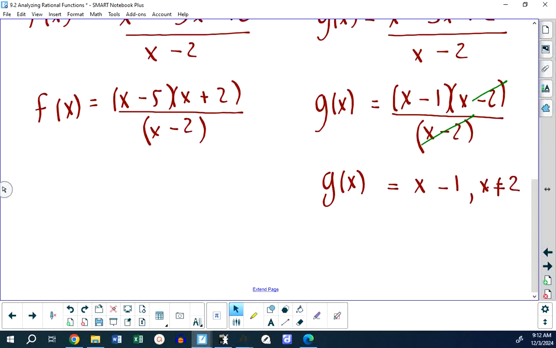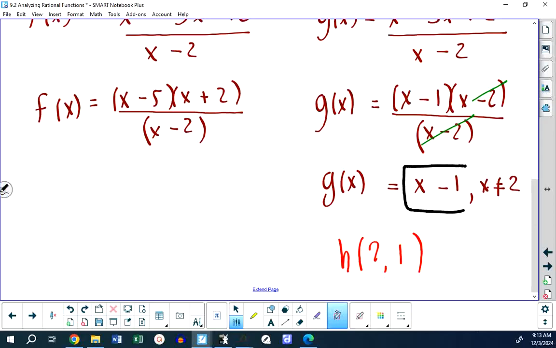And by the way, do you remember that the hole was at 2, 1? Remember that? How can we find the y-coordinate of the hole? You take the x-coordinate of the hole and you put it into the, quote, simplified version of the function.